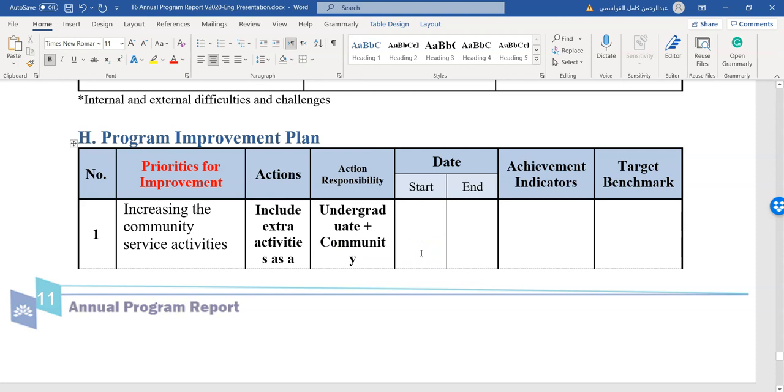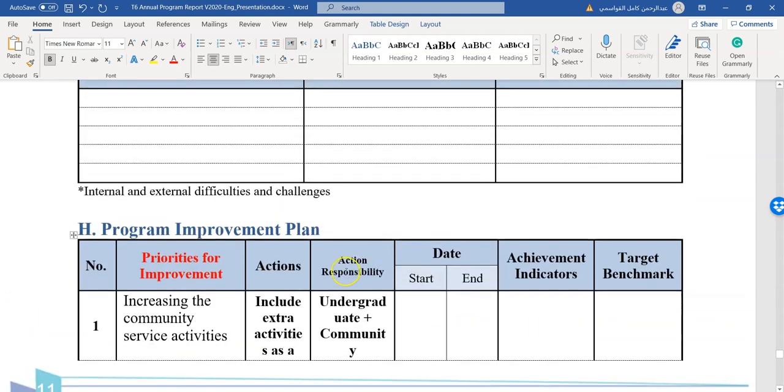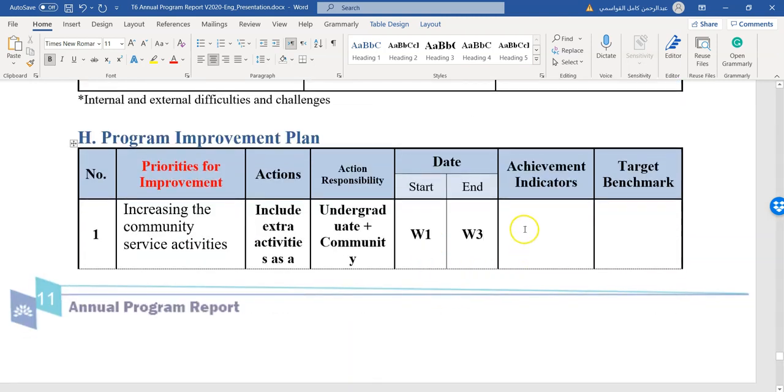The starting date, you can write a date or weeks, for example, the first week, and end in week number 3. Of course, the year is the next year. Achievement indicators, for example, number of community services. The target, I need 5 activities minimum.